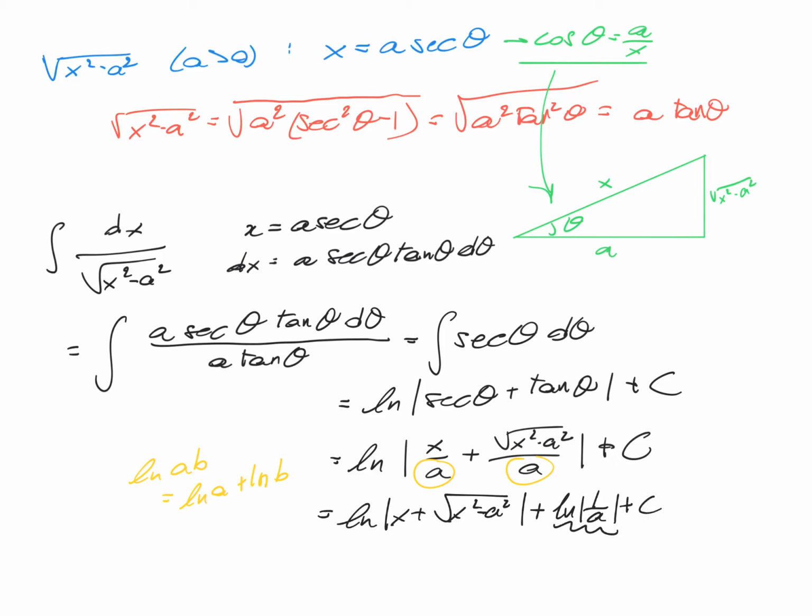But now this is just a constant as well, and so we can place it in C. And so my final solution will be the logarithm of x plus root x squared minus a squared plus a constant. Often inverse trigonometric substitution is combined with completing the square.